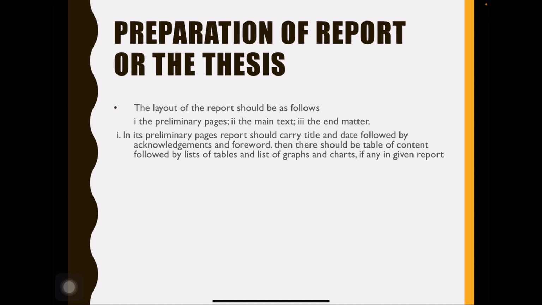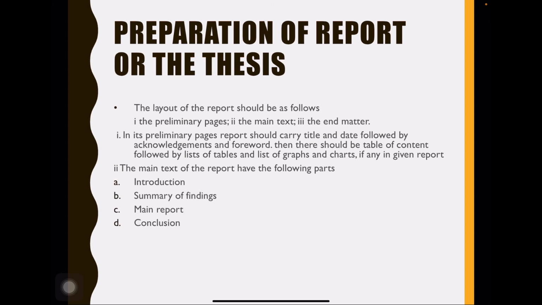Then there should be a table of contents, followed by a list of tables and a list of graphs and charts, if any, in the given report. The main text of the report has the following parts: introduction, summary of findings, main report, conclusion. Third, at the end of the report, appendices should be enlisted in respect of all technical data, bibliography, etc.